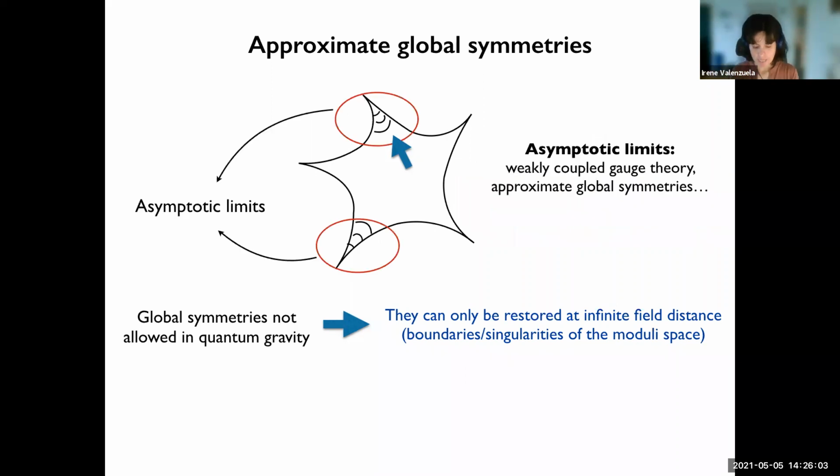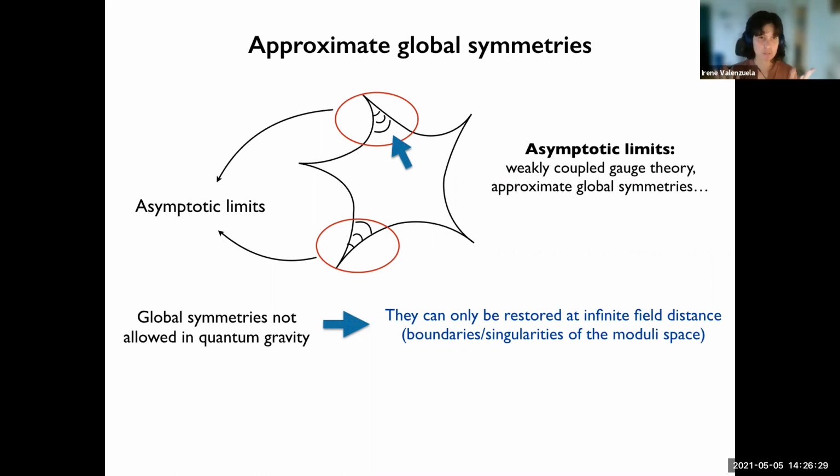And this is what we call the asymptotic limits, okay, which go near one of these boundaries. From the perspective of quantum field theory, the region before reaching the boundary, the region around, should be completely fine. You get an effective field theory with a weakly coupled gauge field, or maybe some approximate global symmetry and so on.